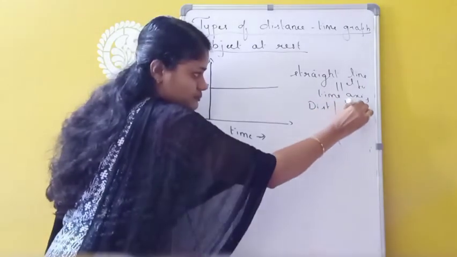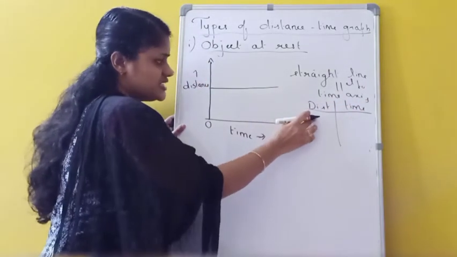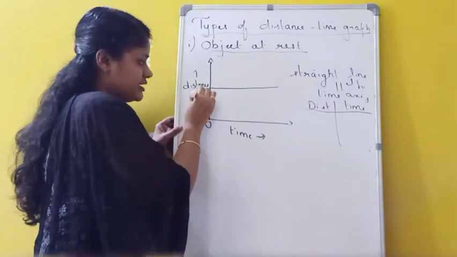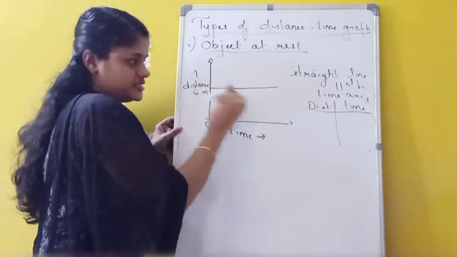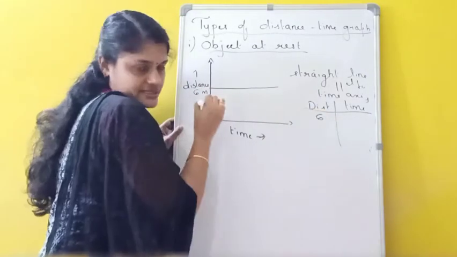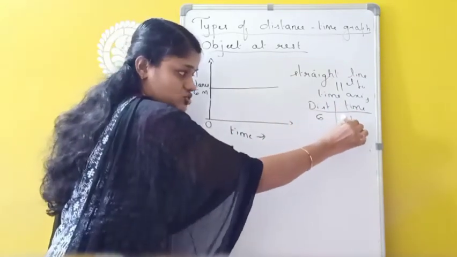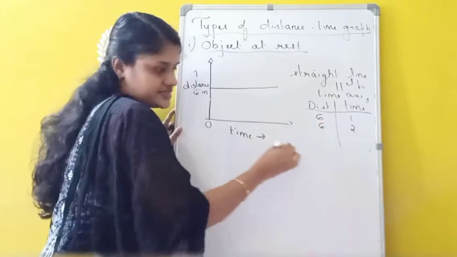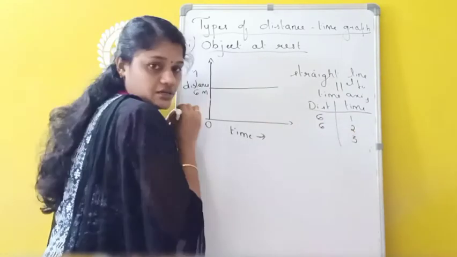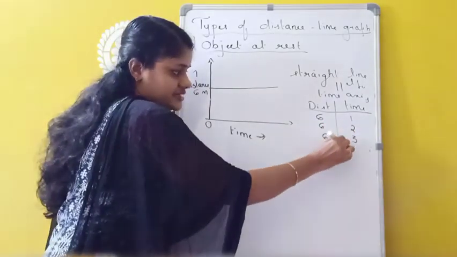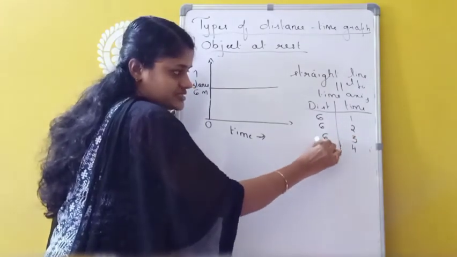Initially this object is 6 meter from the origin. So distance is now how much? 6. Time, suppose 1 hour. And again at 2 hour, what about distance covered? 6. At 3 hour also, 6. And again at 4th hour, distance covered is 6.